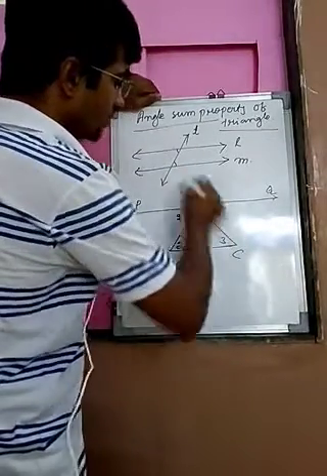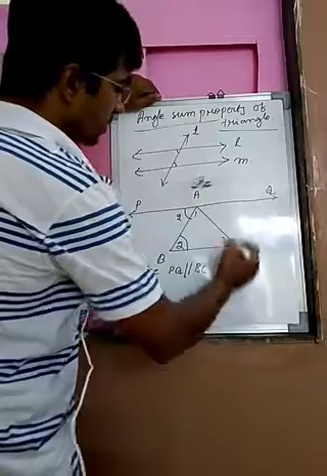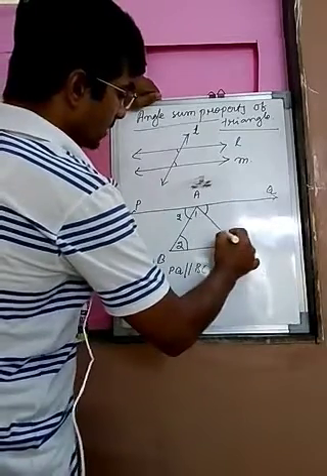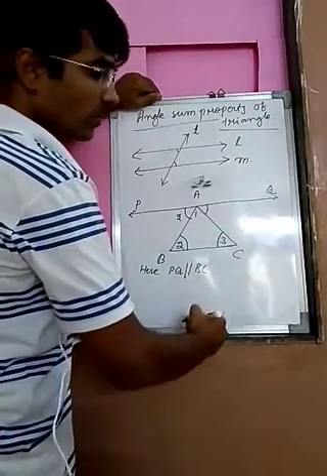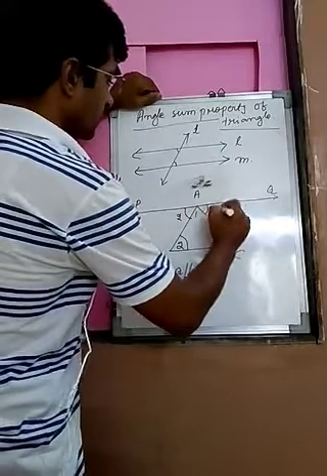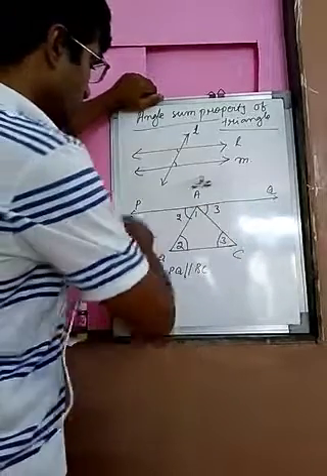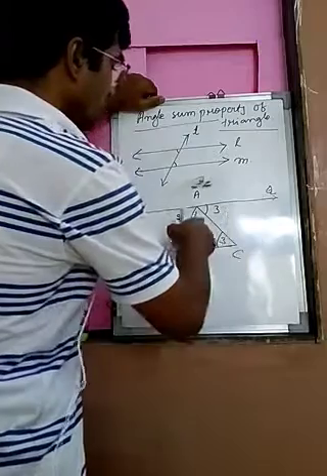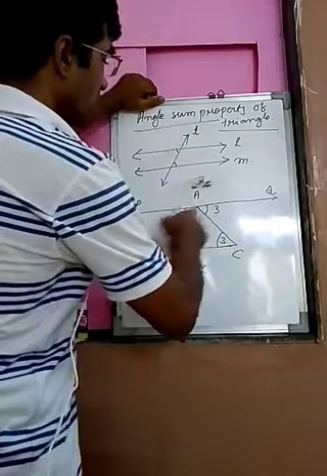Now AC is the transversal. So the angle here and the angle here will be equal, because this is the transversal. So we can take 3 here, then here also 3. Now if you see on the line PQ, 3 angles are here, 1, 2 and 3.